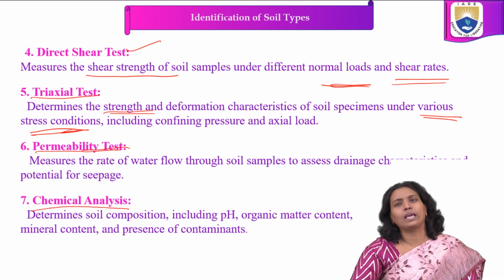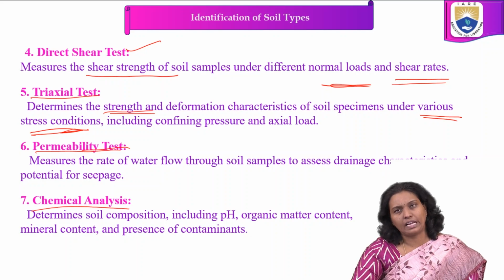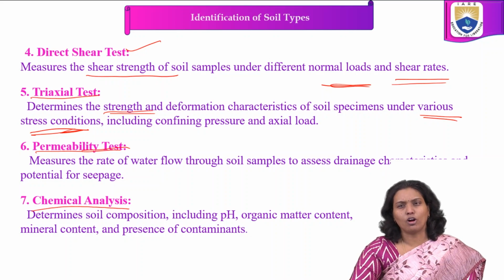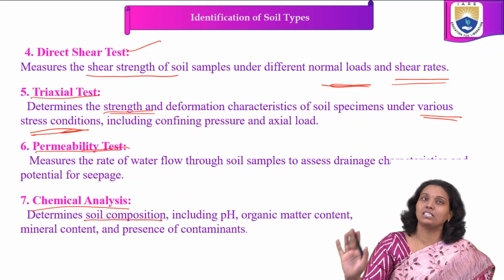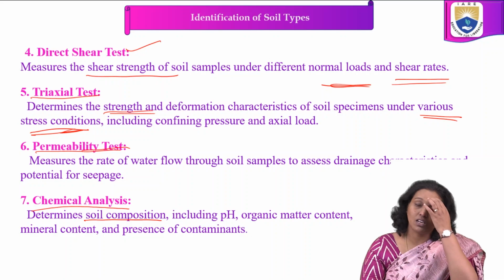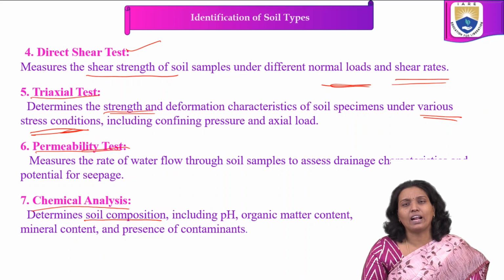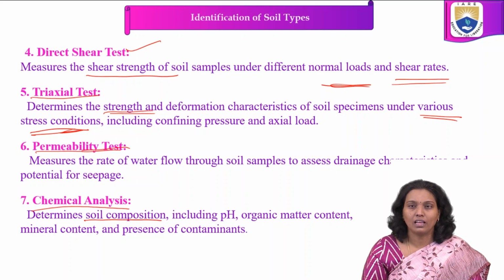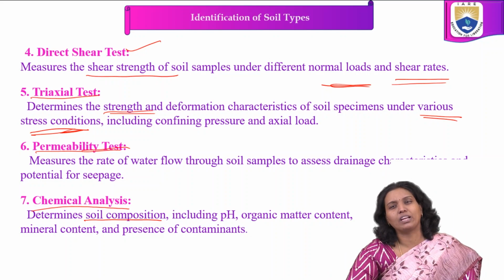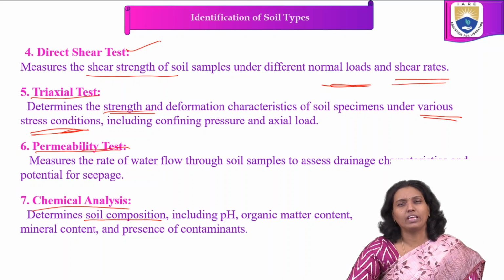Chemical analysis plays a very different role when compared to all these physical tests. Through chemical analysis we understand the soil composition. It may be the same type of soil, but the composition may vary: how much percentage of different kinds of minerals, which type of organic matter, and the pH. The percentage of minerals may vary, and it affects the various conditions.